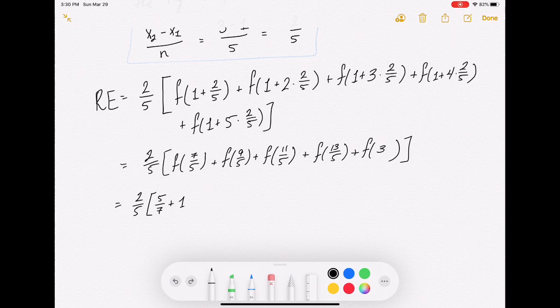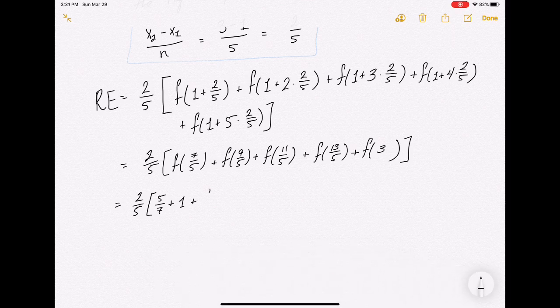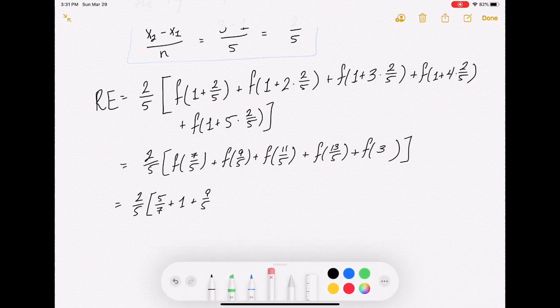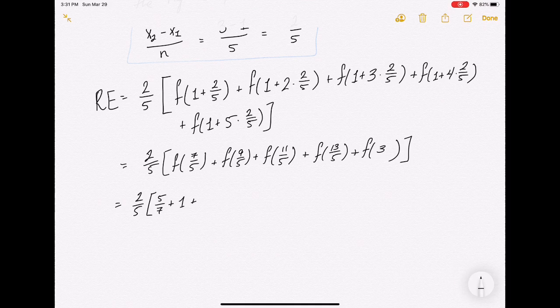And then I continue to do that for each piece. 9/5 gets flipped around, so we're going to get 5/9 plus 1. We're going to get 5/11 plus 1, 5/13 plus 1, and really 1/3 plus 1 is this last piece.